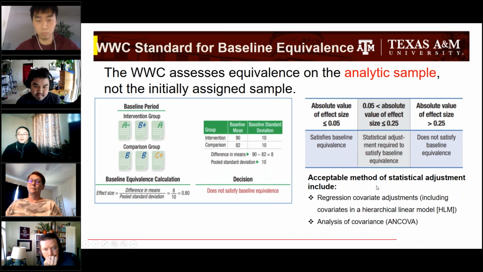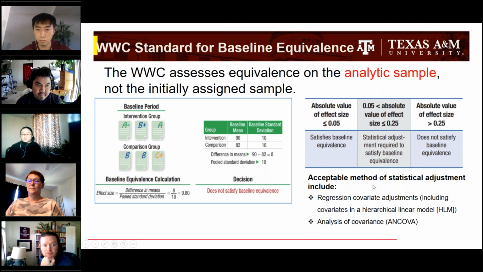Some acceptable methods of statistical adjustment: for example, we can use regression covariate adjustment, including a covariate in a hierarchical linear model, like pretest at the student level, although we use school level or teacher level as the randomized unit. And also we can use analysis of covariance, like ANCOVA, to use pretest as a covariate.